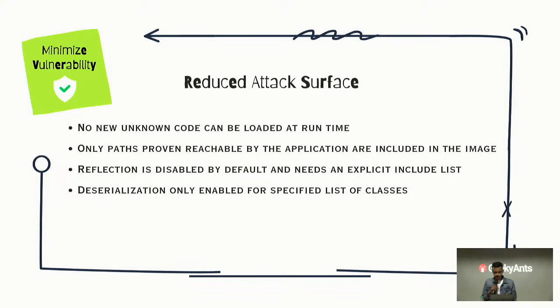And deserialization is only enabled for a specified list of classes. Basically, deserialization is also disabled by default for custom classes. If you want to enable deserialization, again you can just give instructions to GraalVM and it will do it for you. That is how it reduces the attack surface a lot.